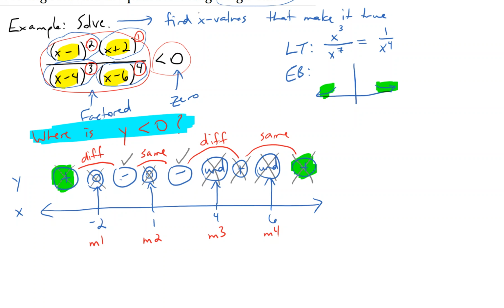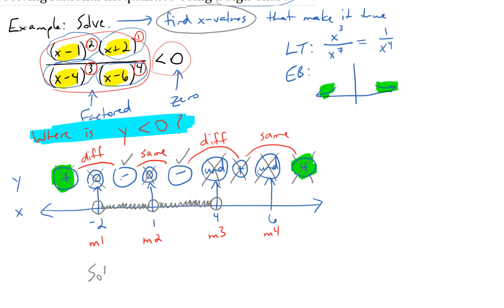When I'm solving, I want to find the x values that make this true. So that means I have to look at the x values where I get this negative. That's all the x values between negative 2 and 1, not including negative 2 or 1. And then I get all the x values between 1 and 4, not including 1 or 4. So those are the x values that give me negative y values.